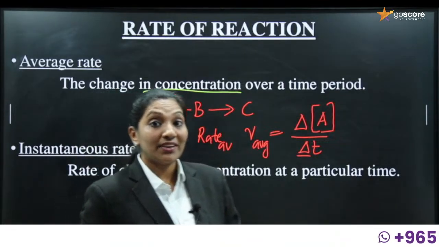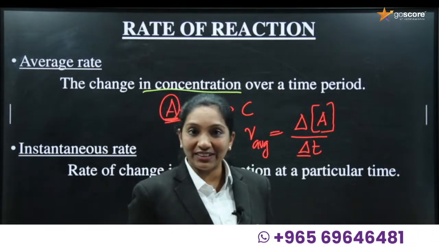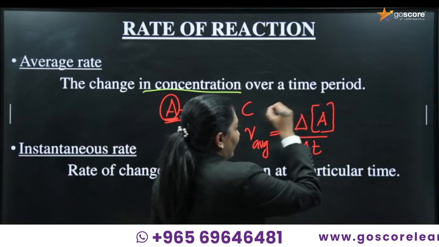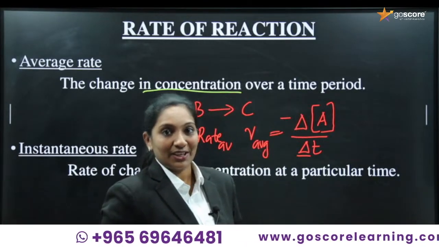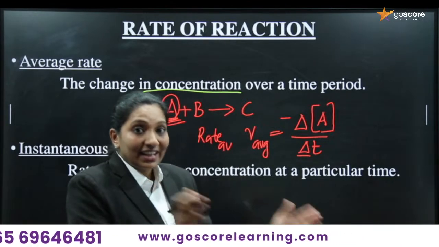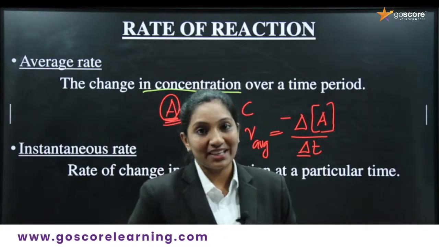Its concentration is reducing during the time. So while writing the rate, we have to put a negative sign here, because A is a reactant and during the reaction, the concentration of A is reducing.